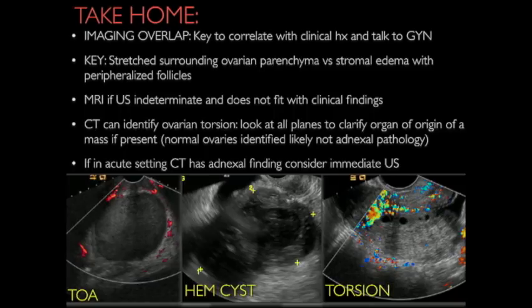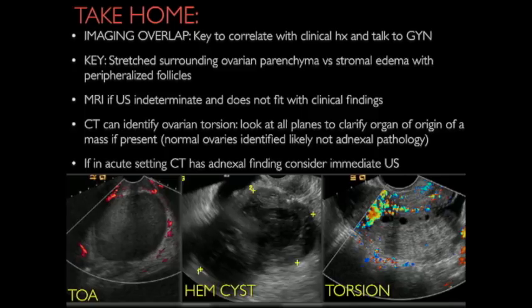I always tell the residents, please look at all the multiplanar reformats. Make sure you look at all planes, and you can evaluate the adnexa more than we are used to on CT. And if you see something abnormal, don't wait for outpatient follow-up. If you can't explain the symptoms on the CT with other processes, do get an urgent ultrasound.